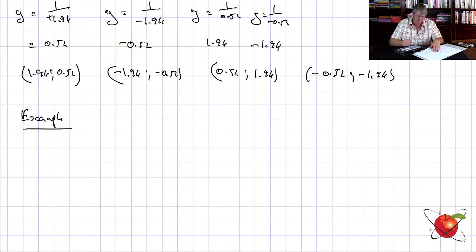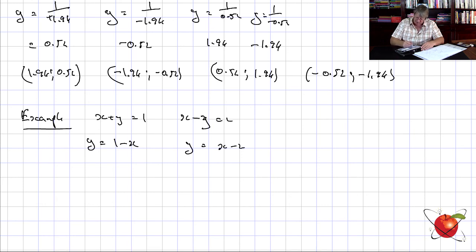Because they've now said, given x plus y equals 1 and x minus y equals 2, find the points of intersection. Well, what would you do? You would change this to y is equal to 1 minus x, and in this case here, y is equal to x minus 2.